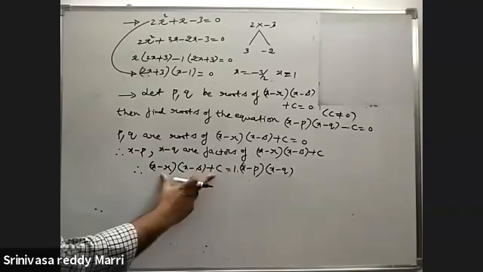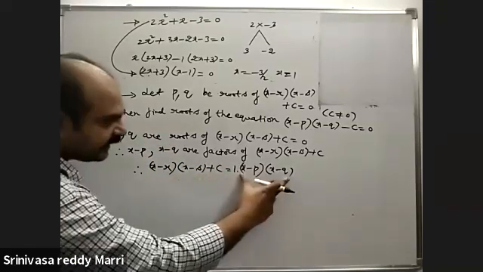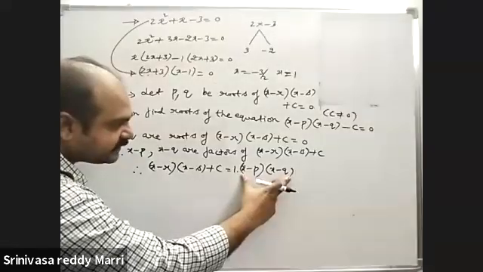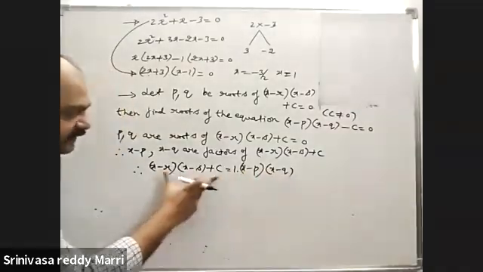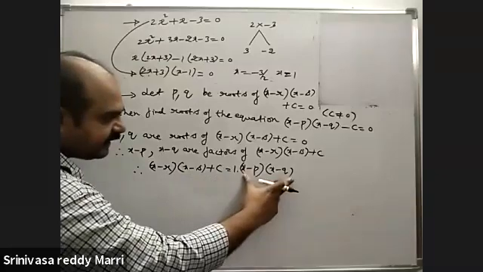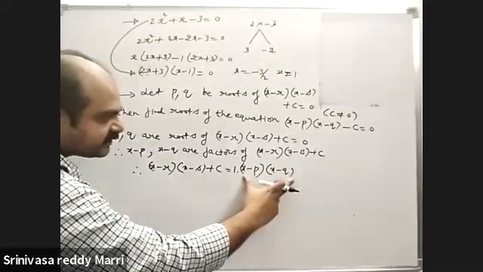That means this can be written as x minus p into x minus q.